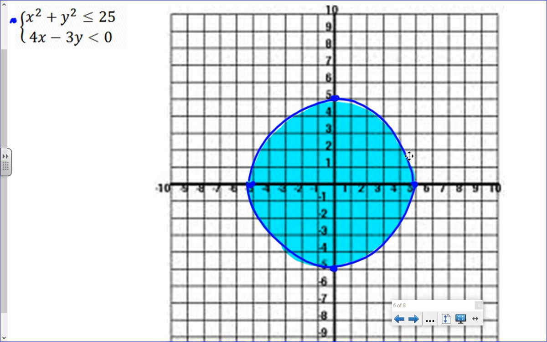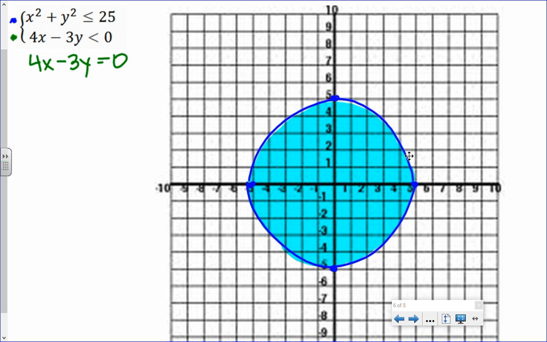Now, let's talk about 4x minus 3y is less than 0. It is okay to change it to an equation in order to graph it. 4x minus 3y equals 0, we have a line, right? So I'm going to go ahead and just change it to an equation.